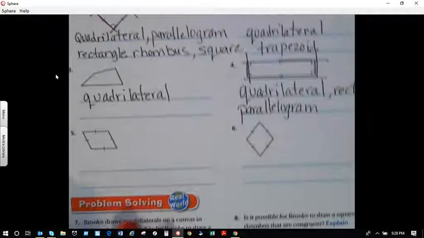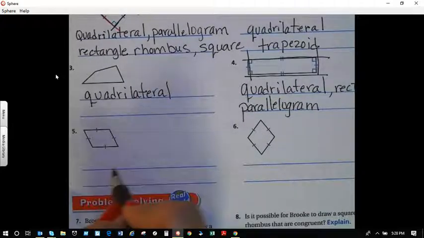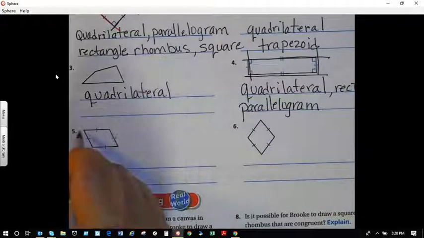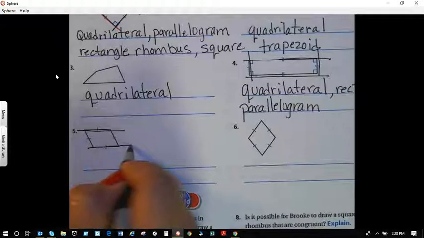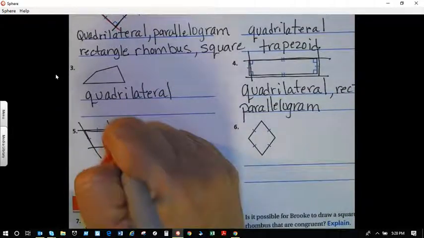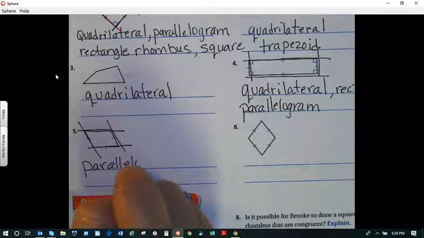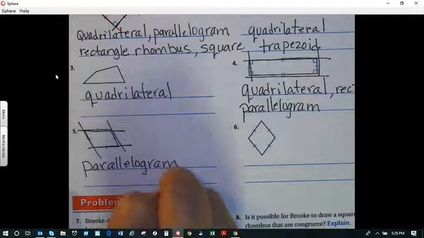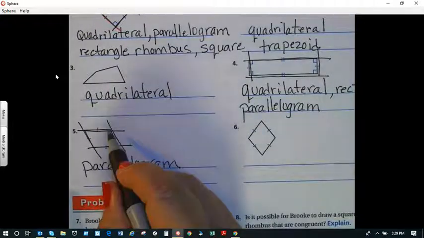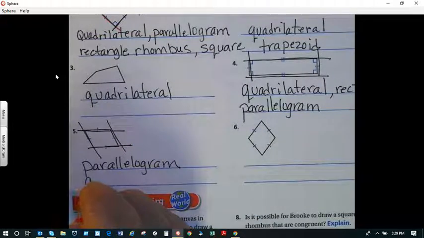All right, then let's take a look at this one. This one is a parallelogram. It has 2 sets of parallel lines, so it makes it a parallelogram. And it's also a quadrilateral because it has 4 sides.